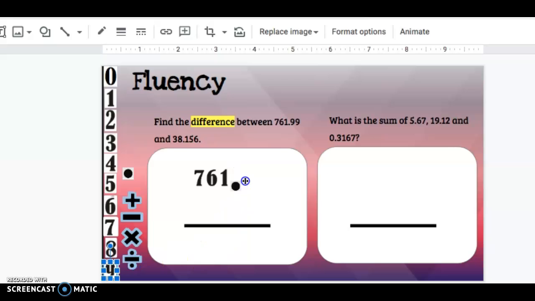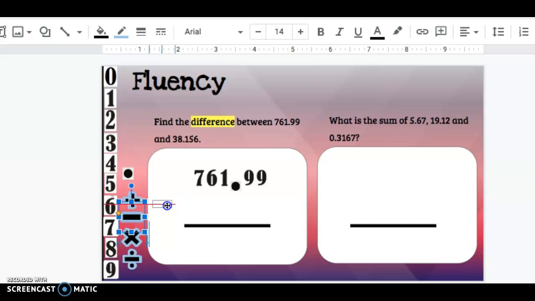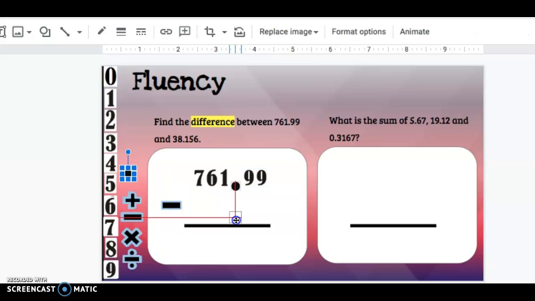And you'll put your 9. Then you'll subtract. I always put my decimal point first, so I know that it's lined up.